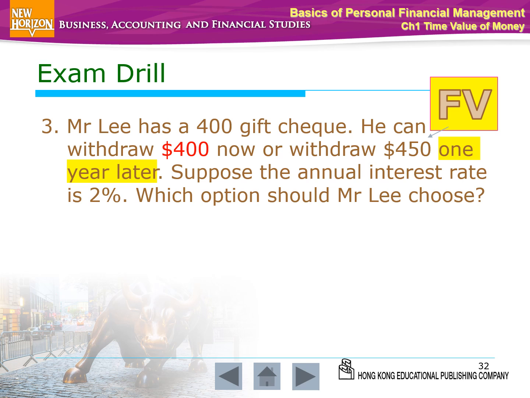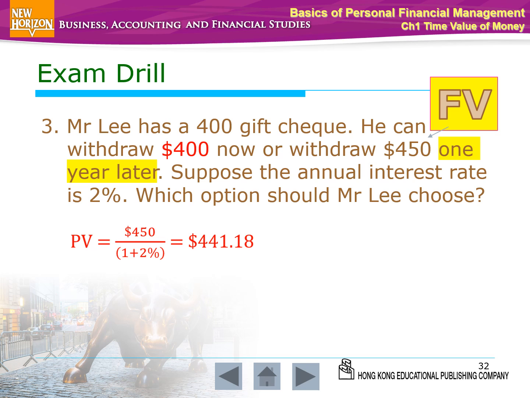Taking into account the present value of $450 with the interest rate of 2%, we try to find the present value of this amount, $450. So we make use of the formula 450 over 1 plus 2%, 1 year, power 1. So we get $441.